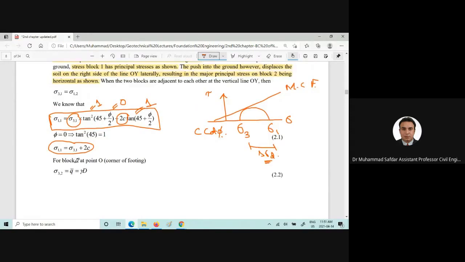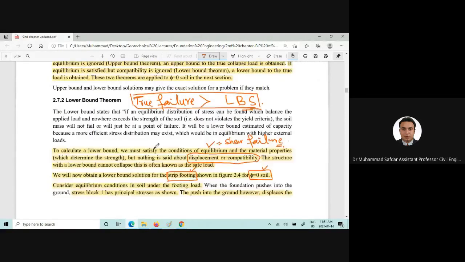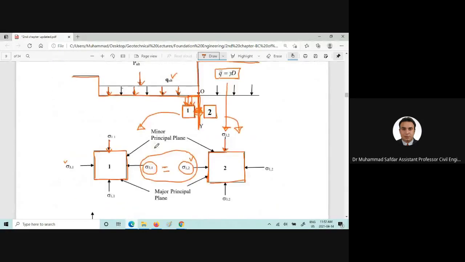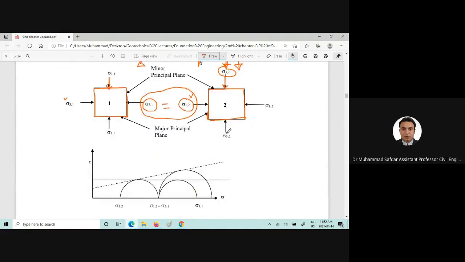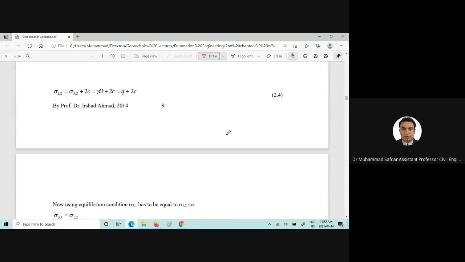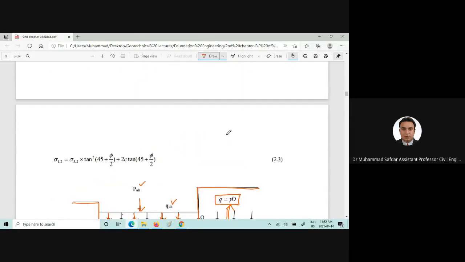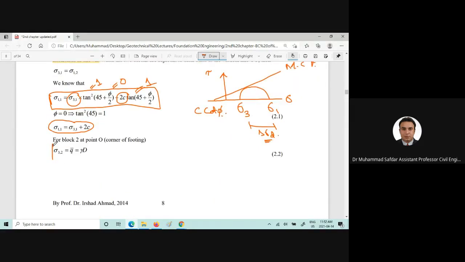Now for block 2, as I mentioned earlier, you can see that sigma 3.2 will be equal to gamma into d.